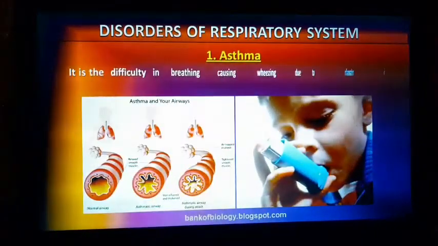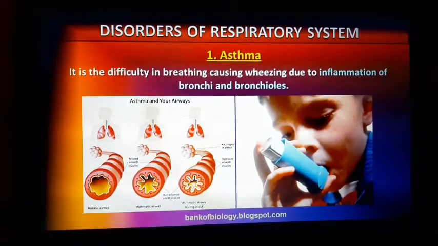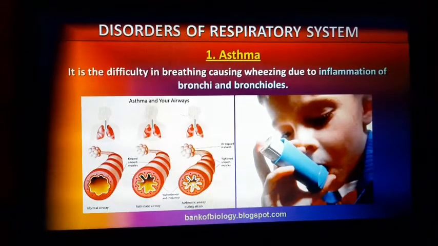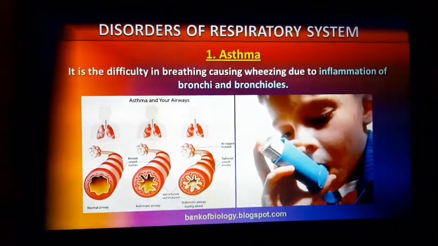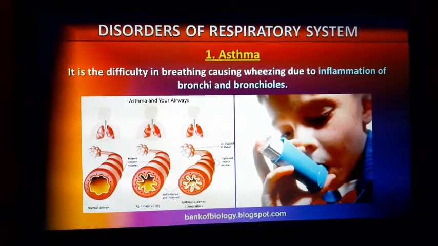Now asthma is a difficulty in breathing causing wheezing due to inflammation of the bronchi and bronchioles. Especially in case of asthma, it is mainly caused by pollen grains or dust, mites, or even animal fur, even feathers.